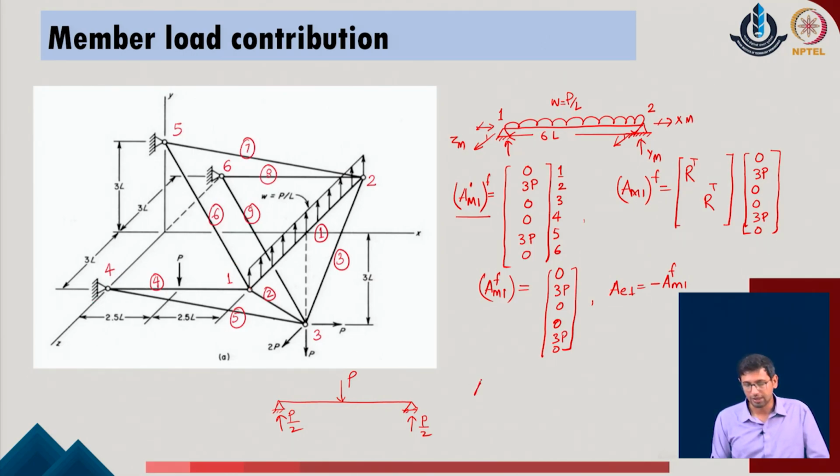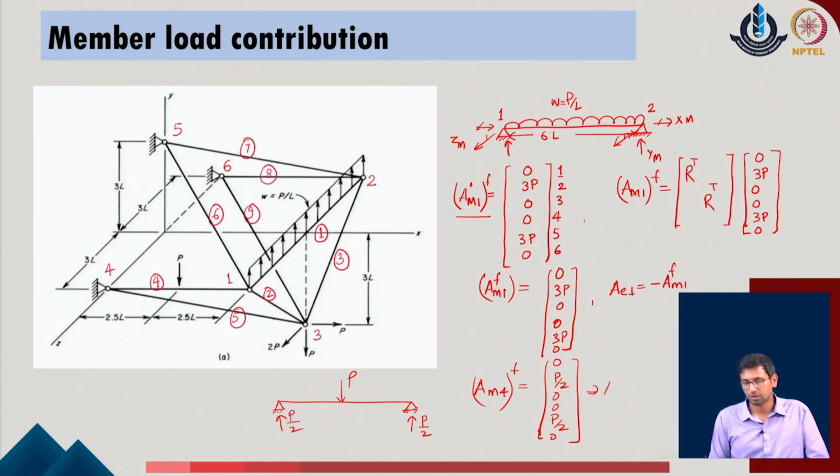So, I can directly write the AM for the member 4 with respect to the fixed end system, and this value will be 0, P by 2, 0, 0, P by 2 and 0. Right. So, these are the member forces, the fixed end forces which can be evaluated.